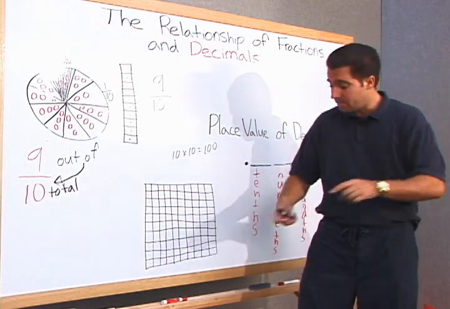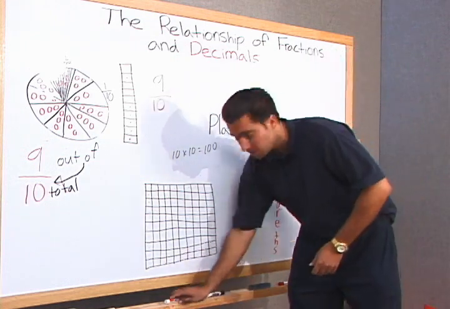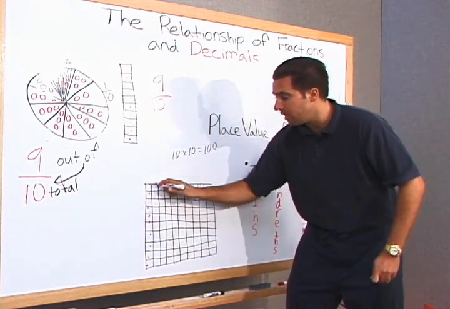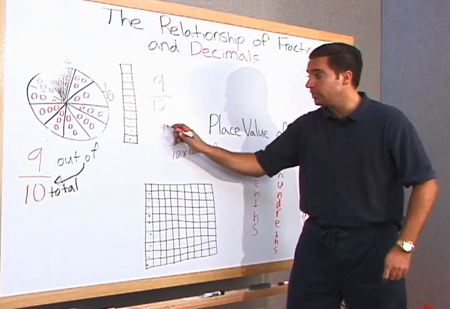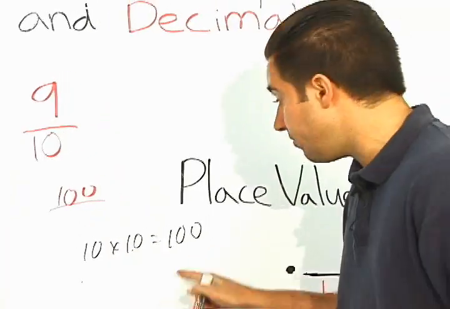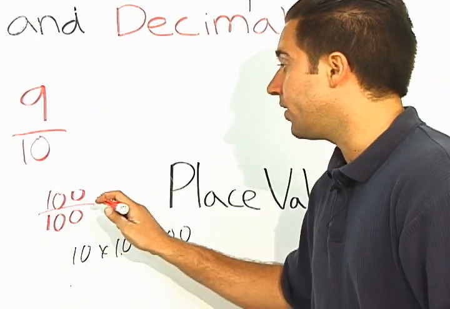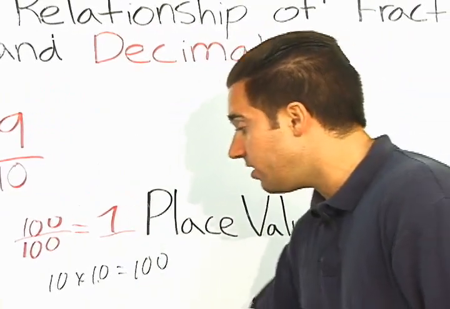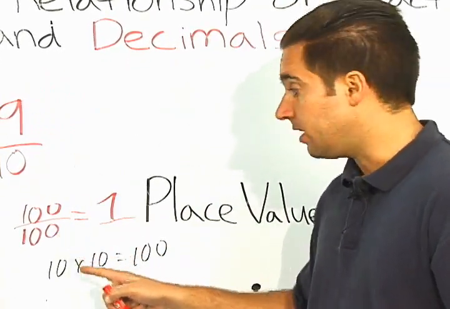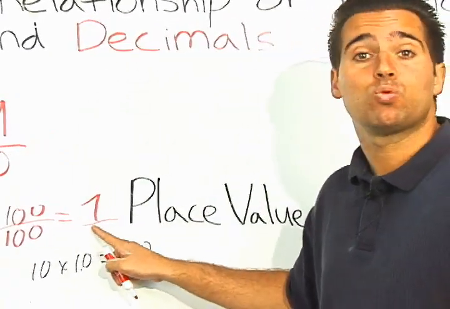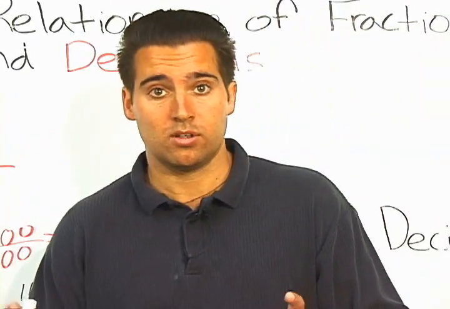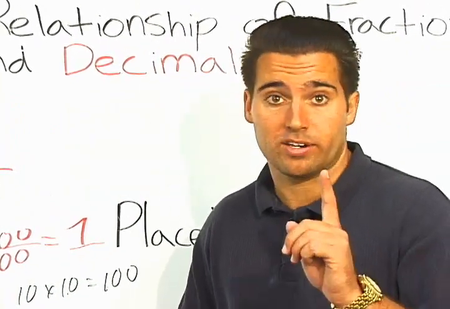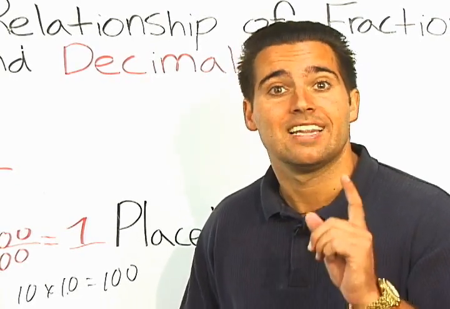If I take a red dot and dot every single one of these holes, we're going to have 100 blocks out of 100, which equals 1. One whole. But if all the blocks don't have that red dot, we don't have 1. We have less than 1.